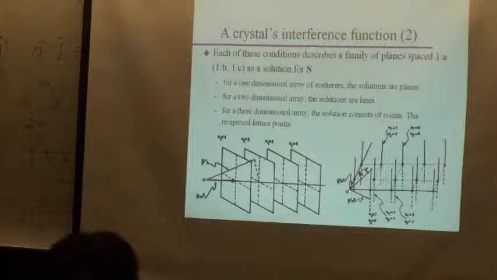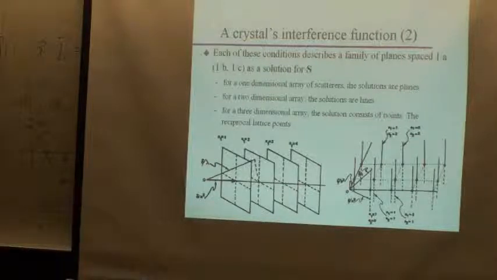And that is the one thing that you never get from the graphical derivation of a reciprocal lattice. If you had a true one-dimensional crystal, you would not get spots in reciprocal space. You would get planes of intensity. And that's kind of a mind-boggling concept. But that is what comes from that general scattering equation.